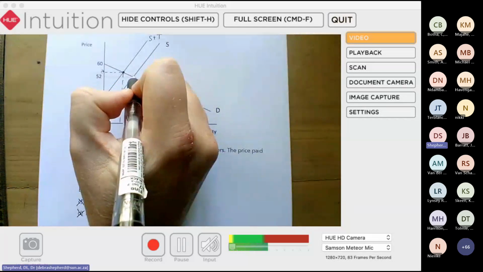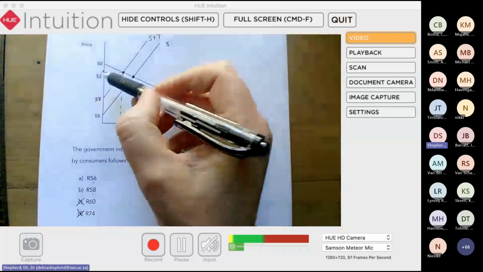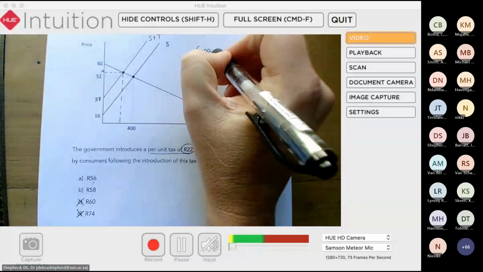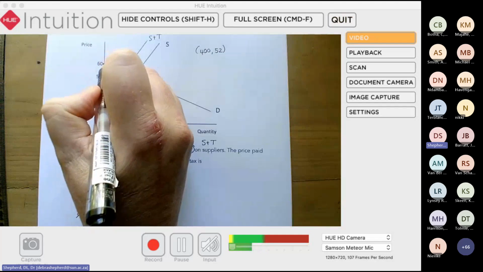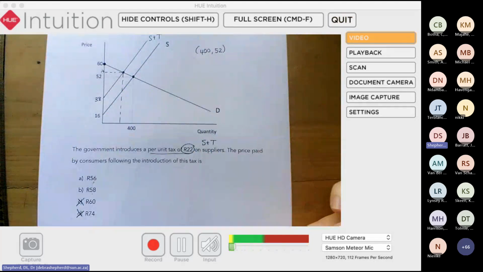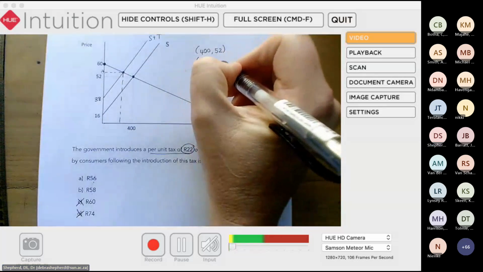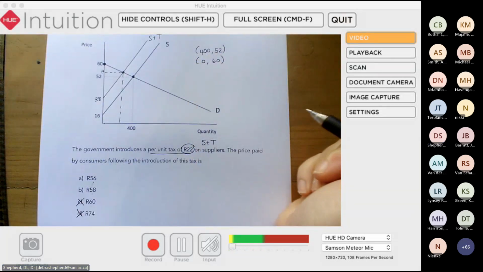So I have 1 point on my demand curve, which is a price of 52 and a quantity of 400. So this is 1 point on my demand curve. And then I have a second point on my demand curve, which is the intercept, 60, 0. So those are 2 points on my demand curve.